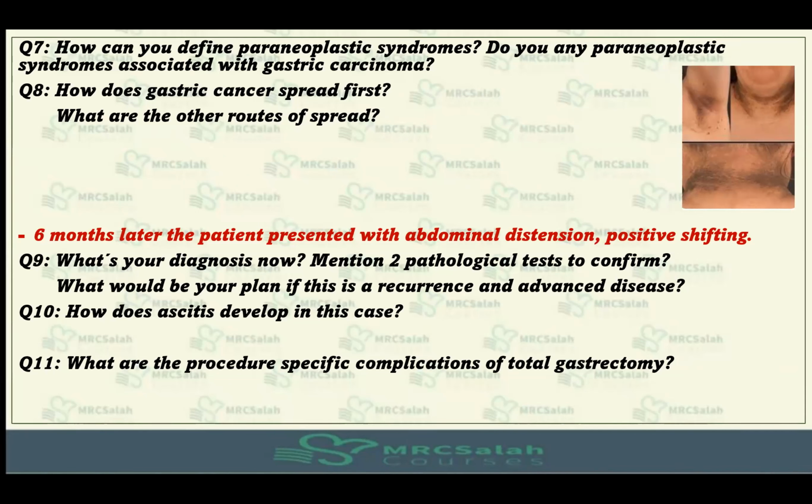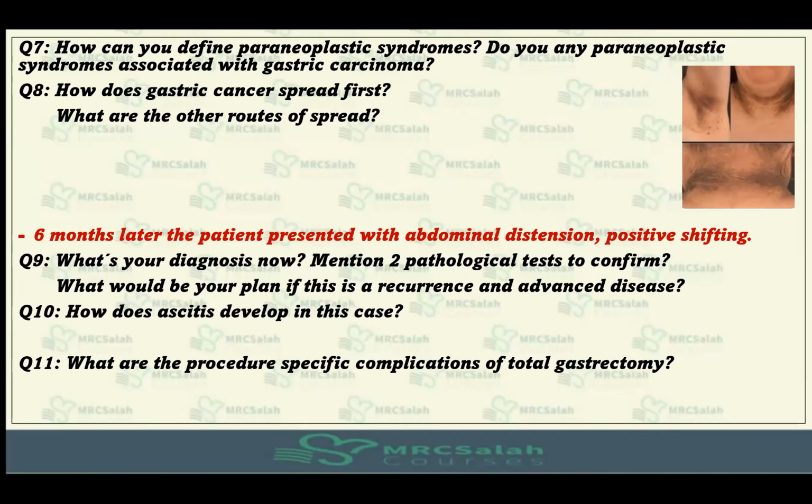So great. Can you tell me what's dumping syndrome? Dumping syndrome is loss of stomach reservoir. So there is a large amount of gastric fluid going to the small intestine. So there are two types, early dumping and late dumping.